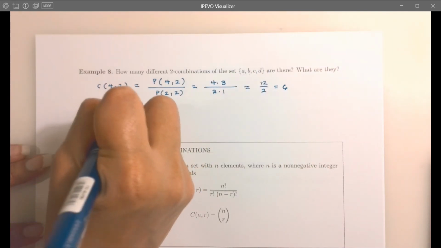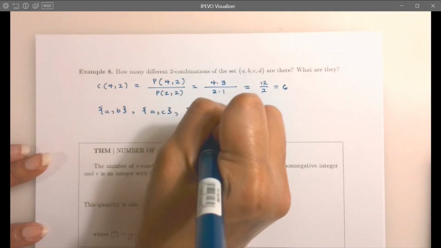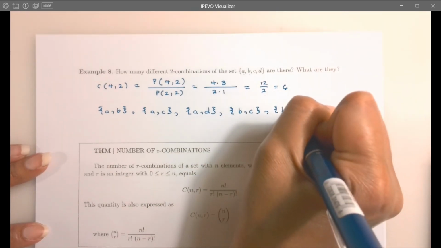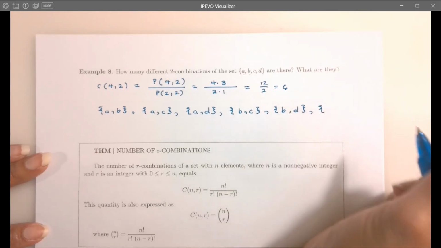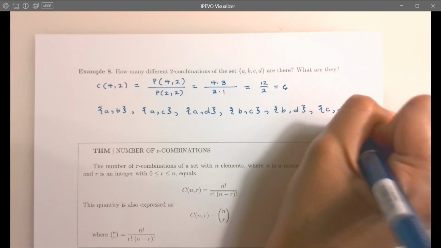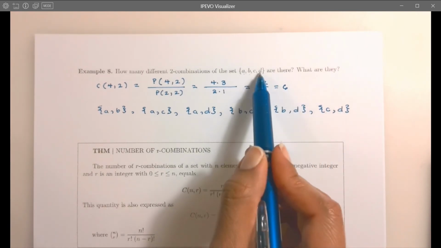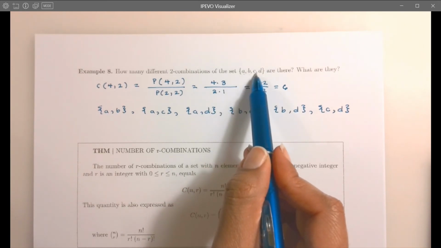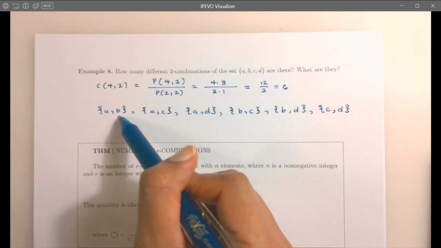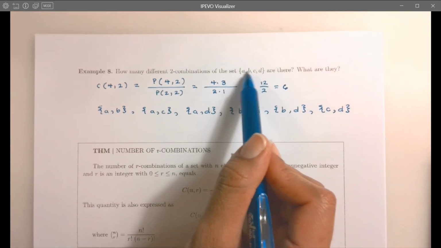The first subset can be A with B. Then we can take A with C, and finally A with D. Then we can take B with C, B with D, and that would be it for subsets that contain B. Then we can consider C with D, and at that point, if we try to consider all the subsets that have D, we would have to think back to elements that came before it, like C with D, or D with B, or D with A. But those are all accounted for because we considered them when we constructed the subsets that included earlier elements.